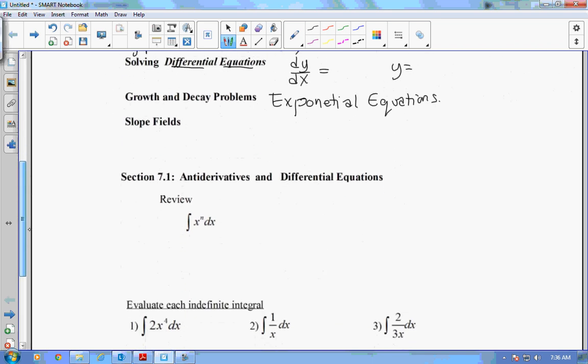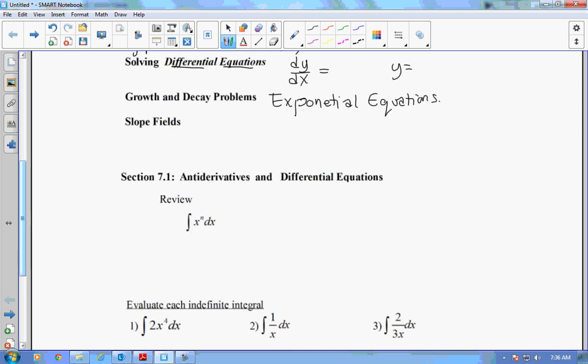Okay, so a quick review. How would we integrate x to the n dx? Take the antiderivative of x to the n dx.